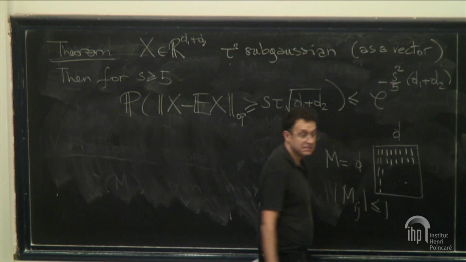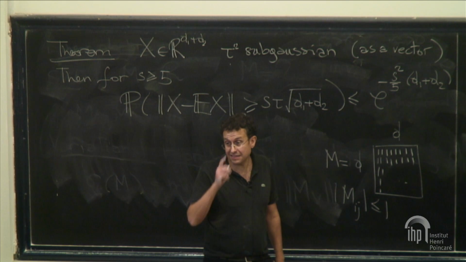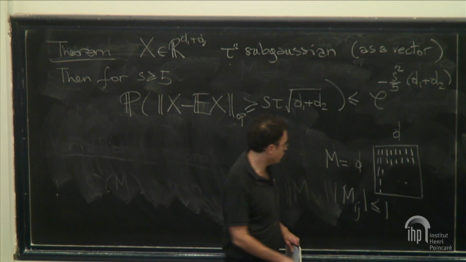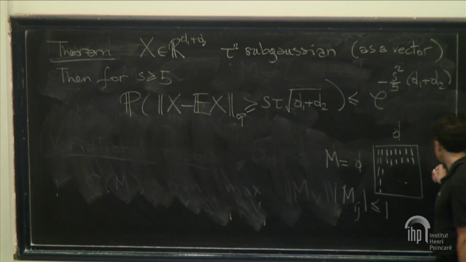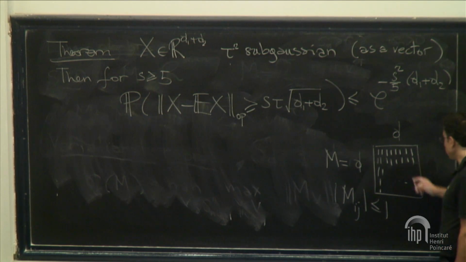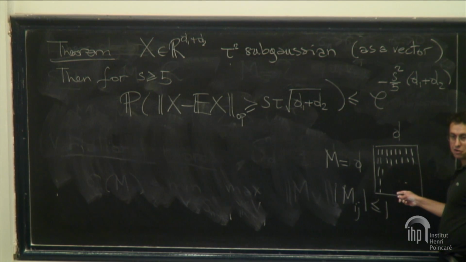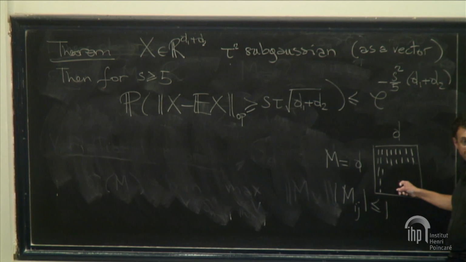This matrix has norm exactly equal to d. There are various ways of seeing it, but this is one singular value that is equal to d. Just hit the all-ones vector with this matrix, and you get d times the all-ones vector.